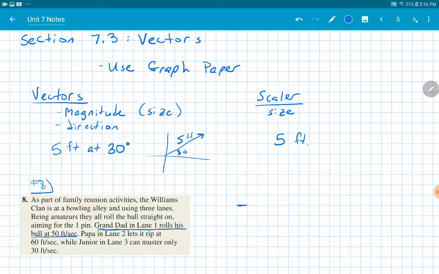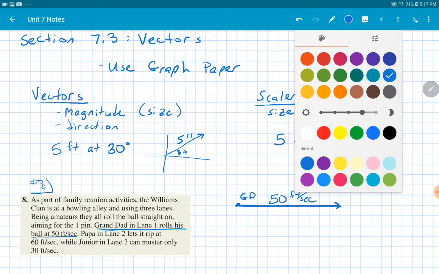That means Granddad got 5, 10, 15, 20, 25, 30, 35, 40, 45, 50. So there's Granddad's vector. He bowls in a straight line to the pin at a magnitude of 50 feet per second. That's Granddad, so I'll just call that guy GD.